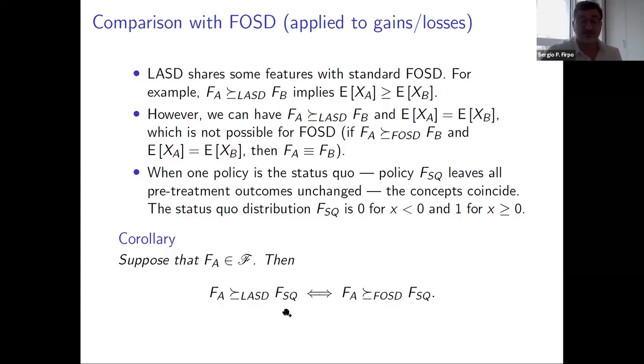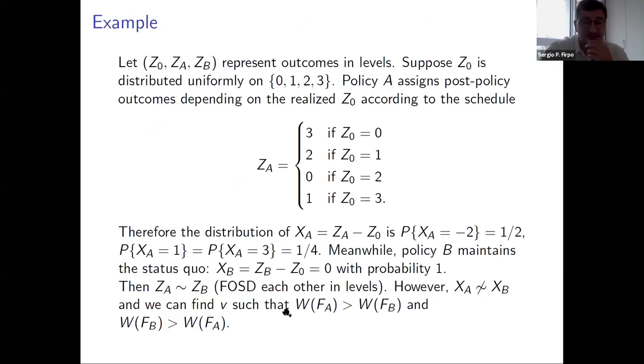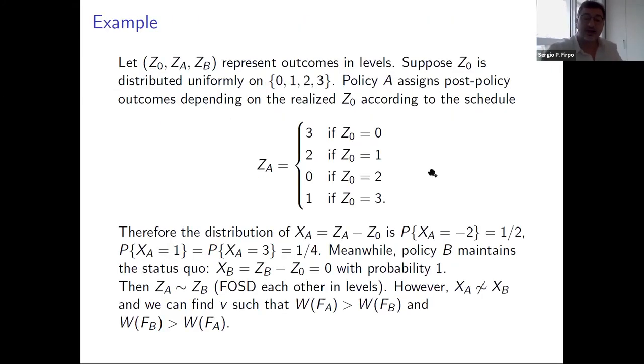One of the comparisons is using status quo. This is just to visualize how those things are different, right? So Z0 is distributed according to 0, 1, 2, and 3, uniformly, and ZA 3, 2, 1, 3, 2, 0, 1. When you take the difference, it's going to be 3, 1, minus 2, minus 2.